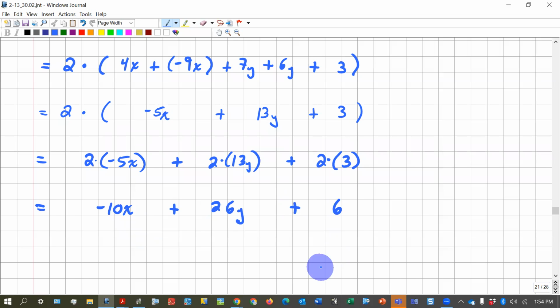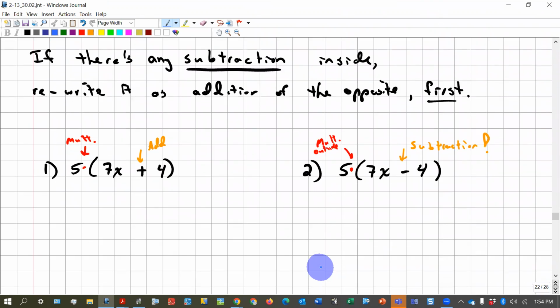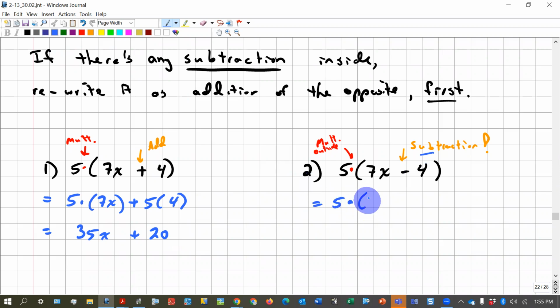Well, we also know that subtraction is really addition in disguise. We know that if we have addition inside and multiplication outside, we can distribute 5 times 7x plus 5 times 4. That would be 35x plus 20. But if we have subtraction on the inside, first, we're going to change that into adding the opposite.